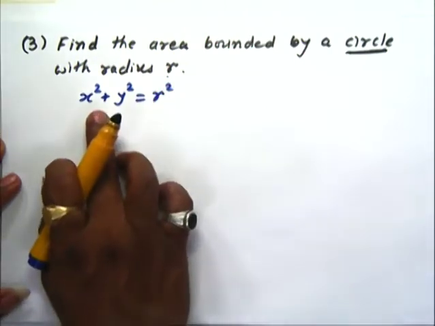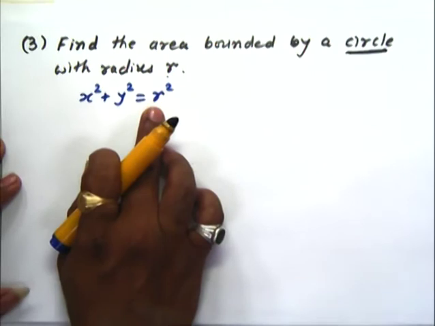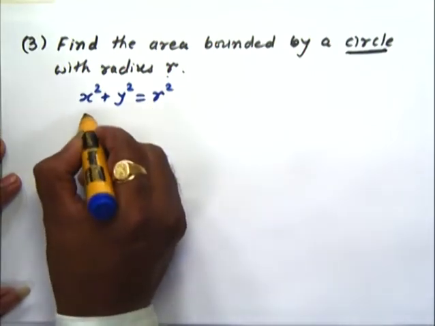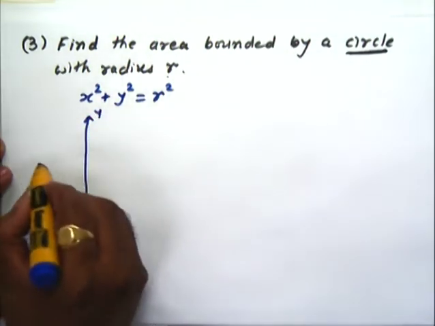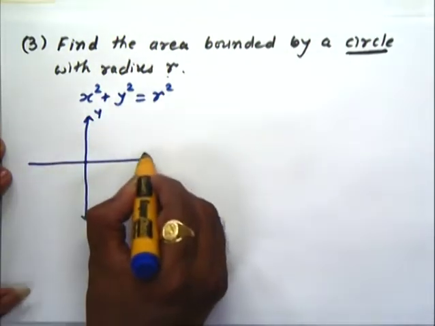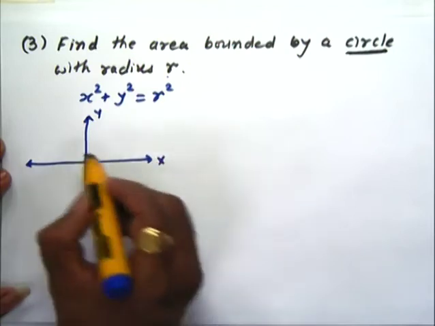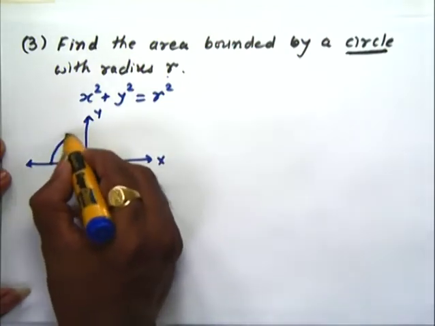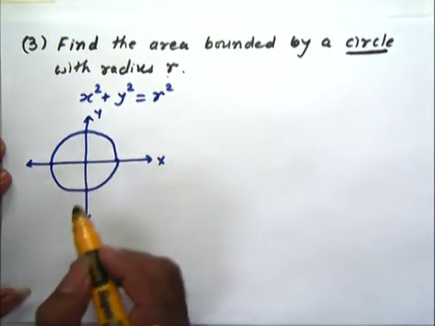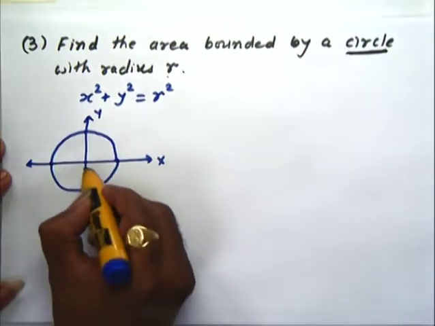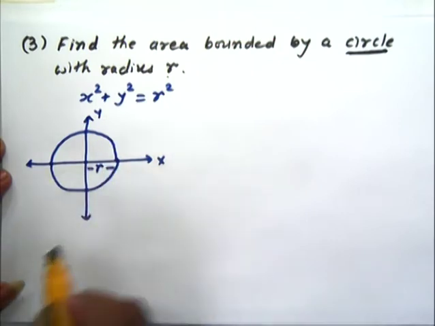The center is 0, 0 and the radius is r. This is the y axis, this is the x axis, this is our circle, radius is r.